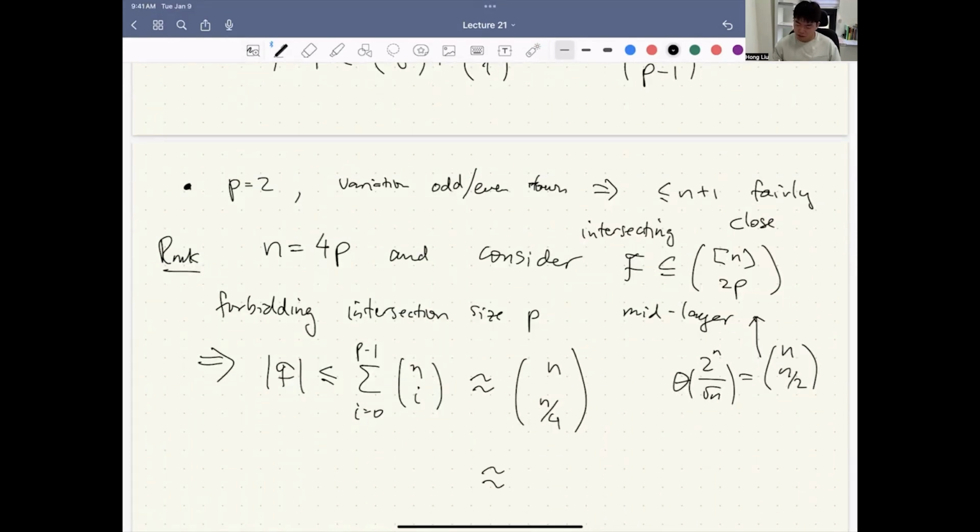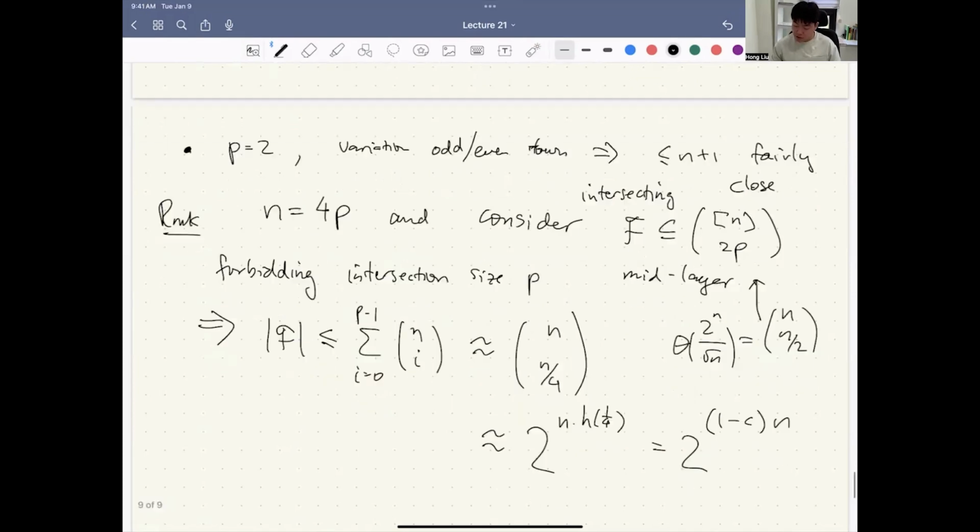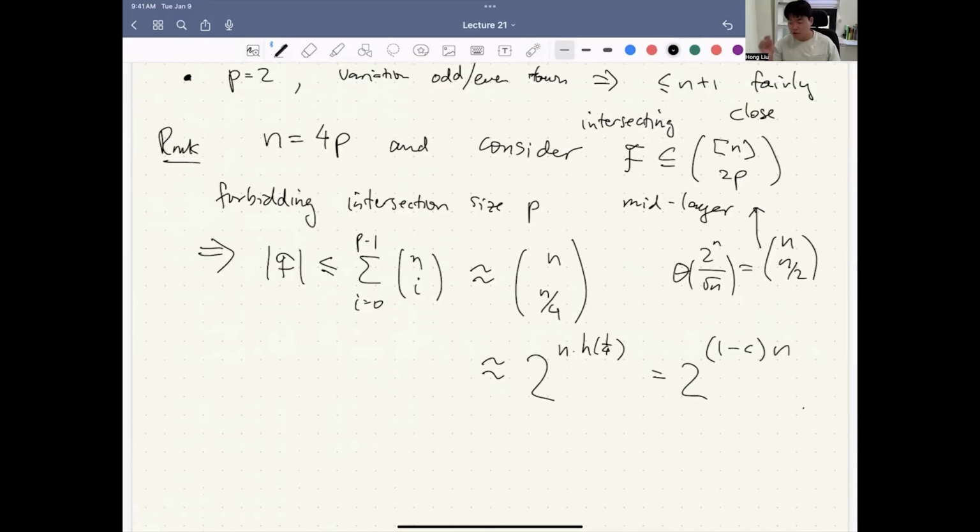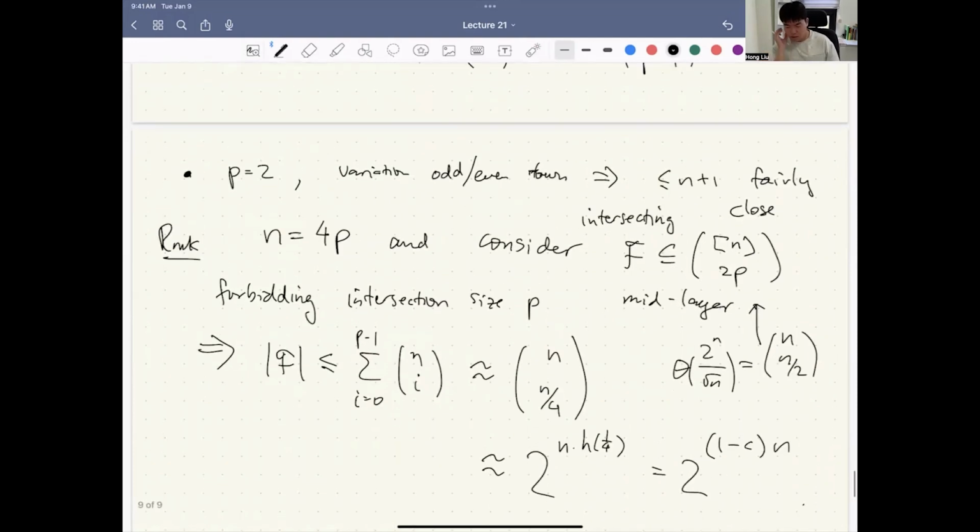This is roughly 2 to the n times some entropy function of 1/4. This you can compute. It's 1 minus some c times n in the exponent, exponentially smaller, forbidding a single intersection size. All right? Forbidding a single intersection size. Good.